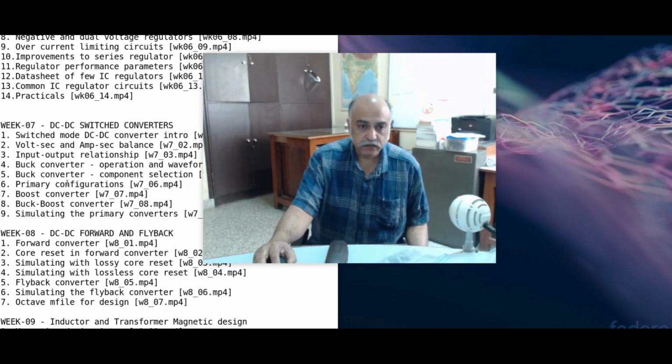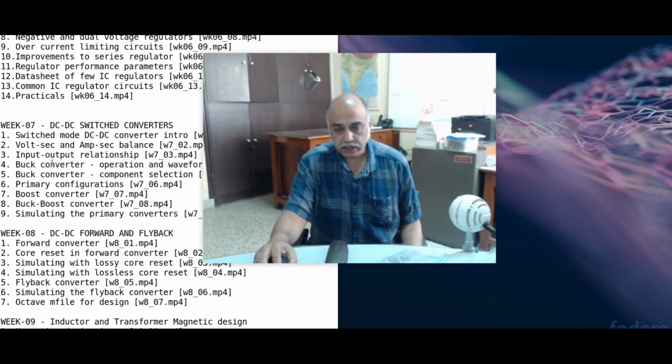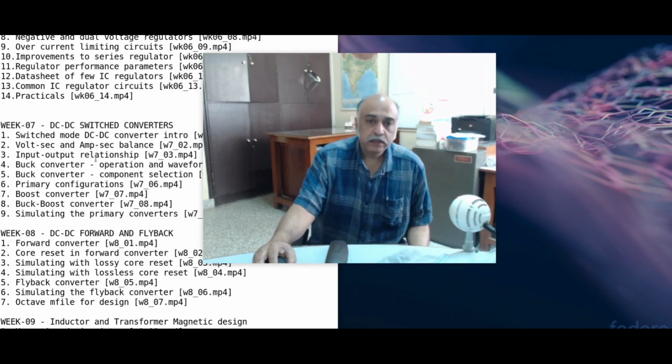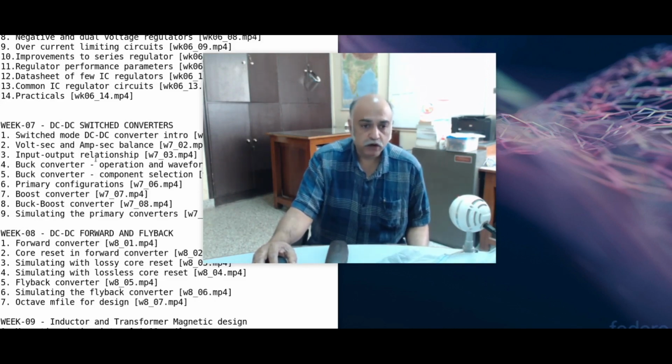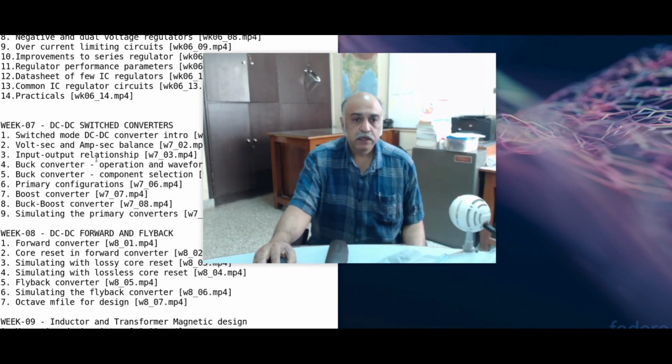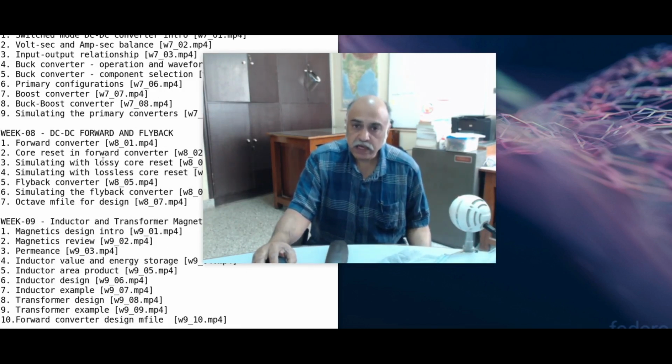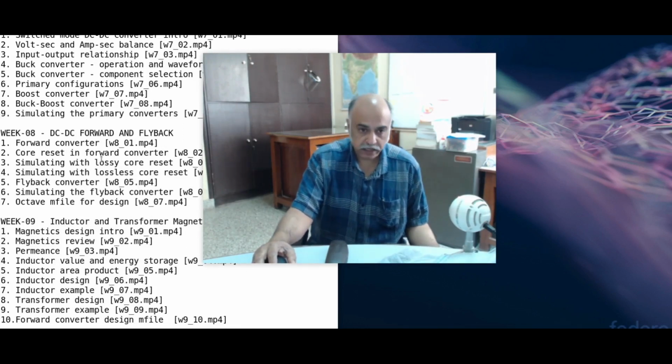In the case of the switched mode converters, the power semiconductor devices are operated in either the full on or full off region. You will then come on to week 8, where we will discuss the forward and the flyback converters, the isolated converters, the ones which you will see are commercially popular.